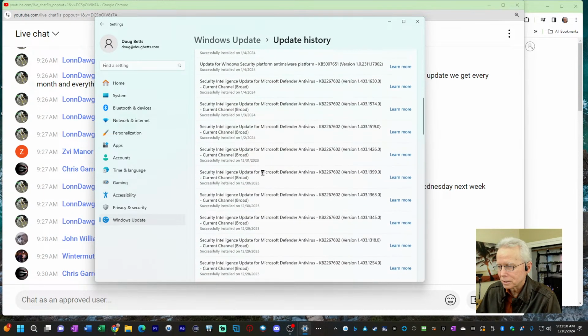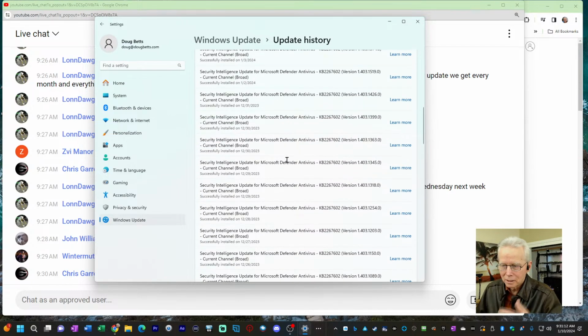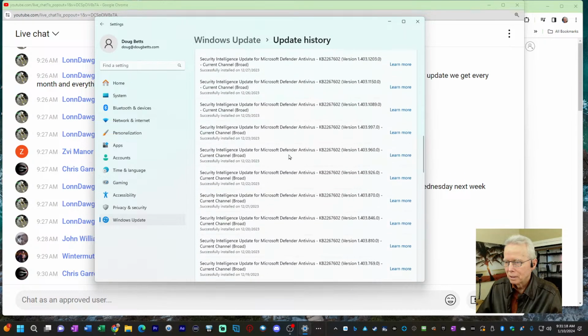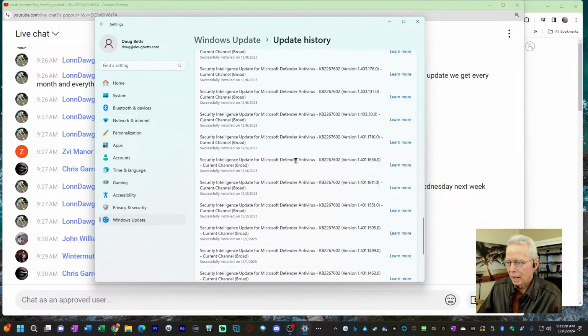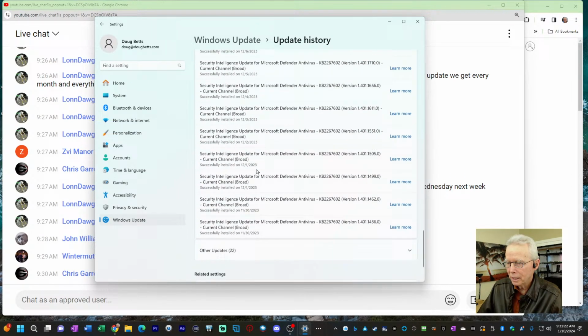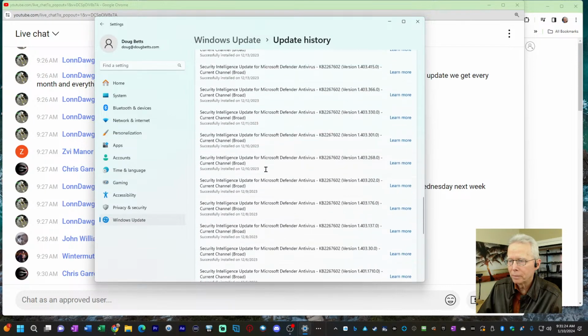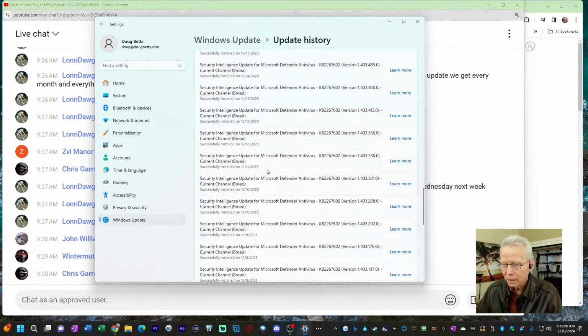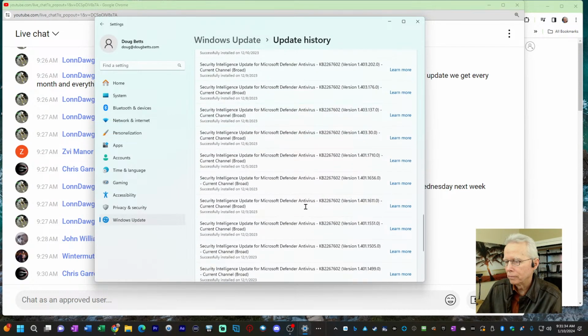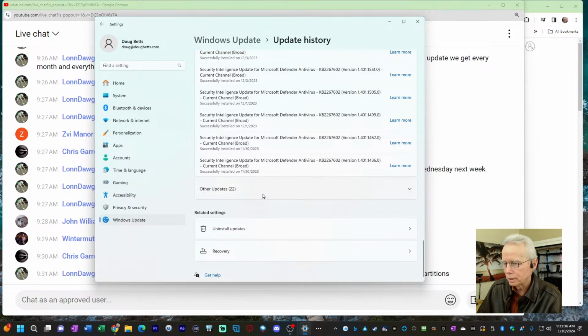Security intelligence update, to me, in my mind, I'm thinking Windows Defender, Microsoft Defender. A security update would be an update that's related to computer security, but not specifically Windows Defender or Microsoft Defender. They use those words so interchangeably.